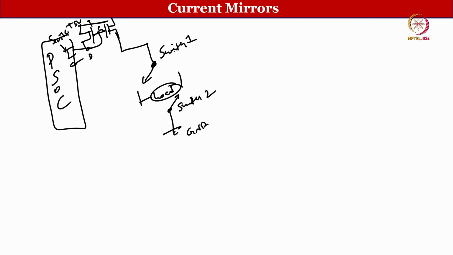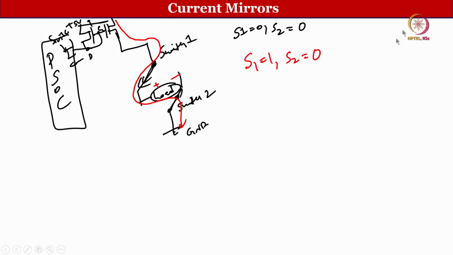Now, let us say switch 1 is 1, switch 2 is 0, means the switches are connected like this. So, how the current flows? Current flows like this, assuming that transistors and everything is in order. So, this is the direction. Now, you reverse it, let us say switch 1 is 1, switch 2 is 1.